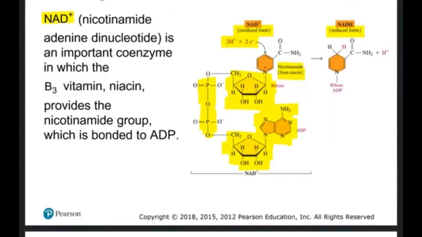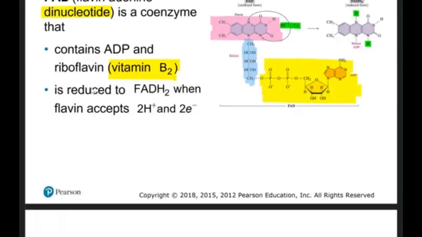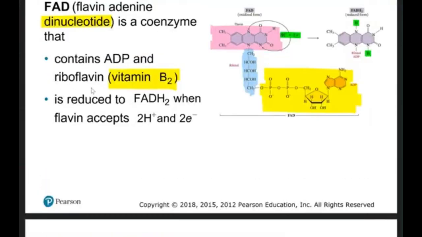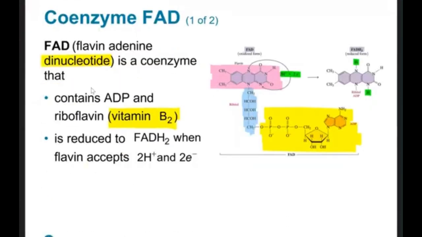So nicotinamide comes from vitamin B3, and riboflavin comes from vitamin B2. Okay? All good? So when FAD receives those electrons and hydrogens, it turns into FADH2, the reduced form.